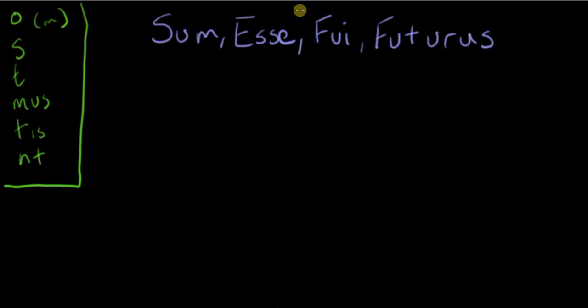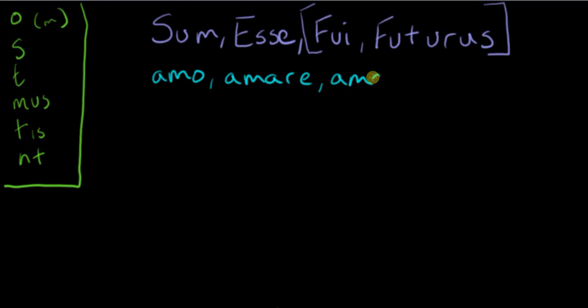Okay, so again, we're not really looking at these two in the same way as we weren't when we were looking at other verbs. I'm just going to write another verb here. So I'm going to go back to amo from the last lesson. So we've got amo, amare, amavi, and amatus.